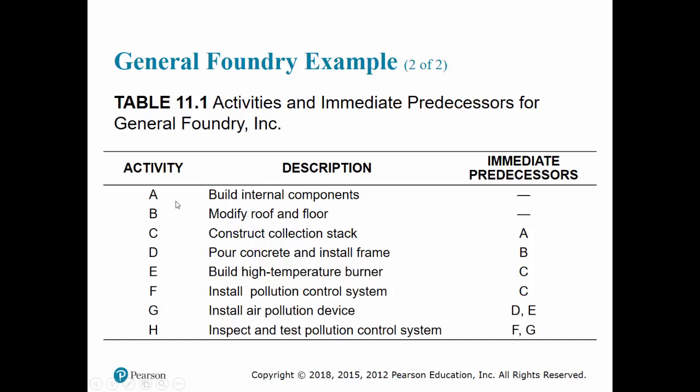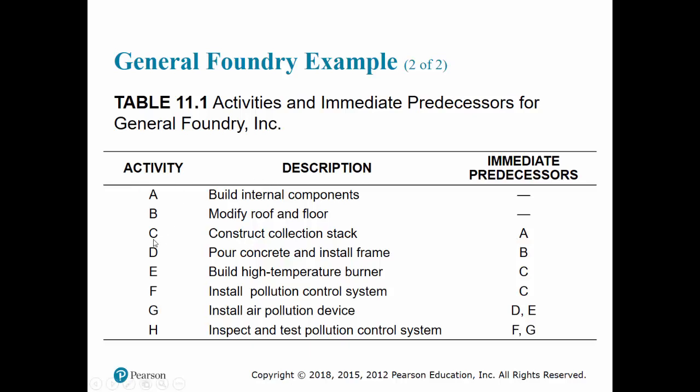For each activity, we have an immediate predecessor. A can begin with no predecessor, so A can begin at the beginning. B also can begin at the very beginning. There must be at least one activity with no predecessors. If all activities have predecessors, that's a logical fallacy, because you cannot get started.